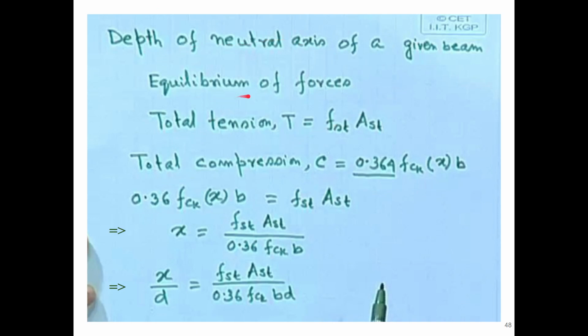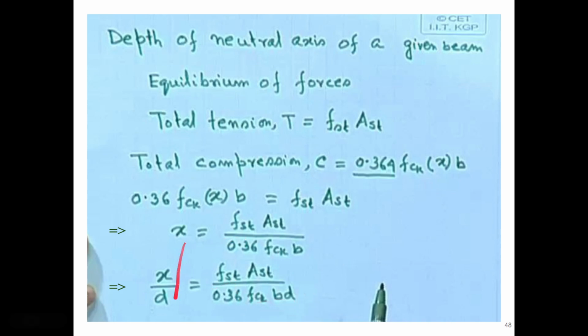Now the depth of neutral axis of a given beam. Again, from the equilibrium of forces, total tension T is equal to fst ast, and total compression C is equal to 0.36 fck into x into b, right? So equating, we get 0.36 fck into x into b equal to fst ast, and x equal to fst ast by 0.36 fck b. Dividing both sides by d, x by d equals fst ast by 0.36 fck bd, right?